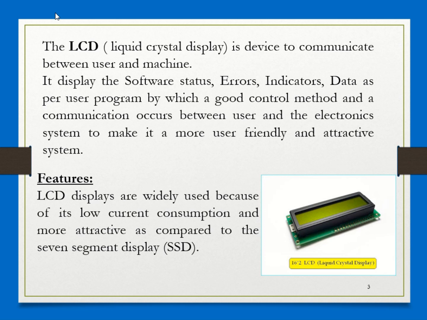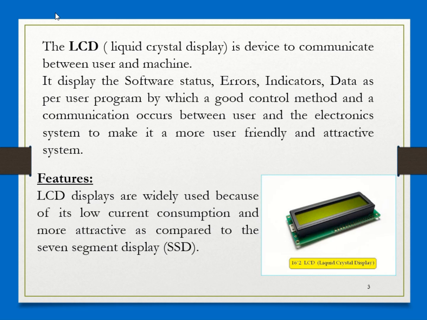And as you can see, the 7-segment display has a limitation that you can display only a few numbers and a few characters. Whereas on an LCD, you can display some special characters as well, and there is a wide range of matrix sizes.